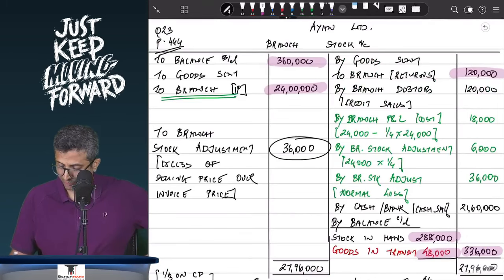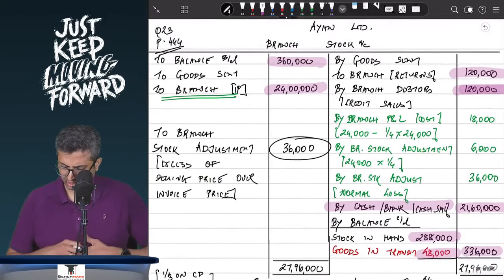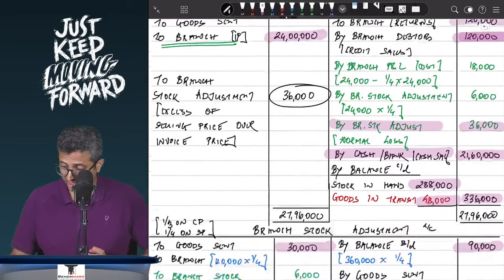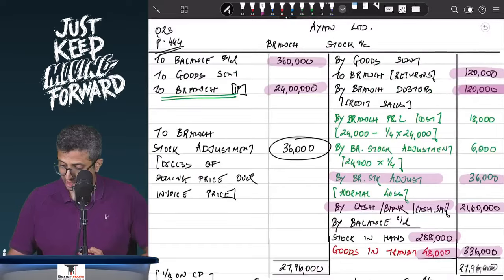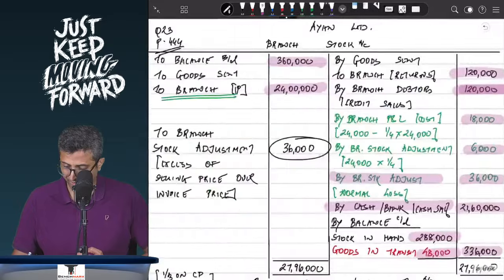During the year, you will have collections or sales of 1,20,000, even cash sales of 21,60,000. Both of these would be there. Other than that, you will reverse 36 lakhs directly over here, whereas 6 and 18, 6 will go here, 18 will go in the profit and loss.